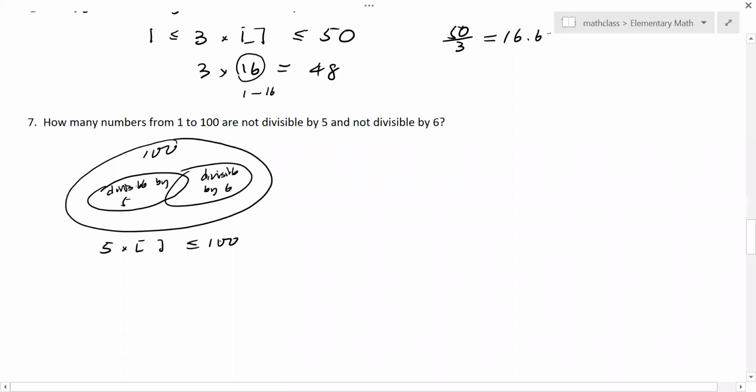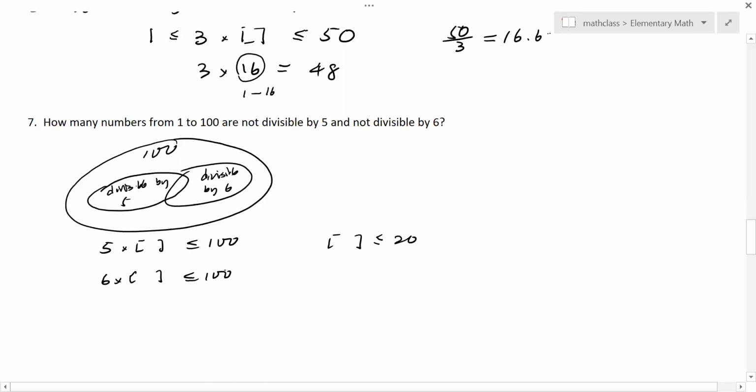Let's get the largest number here. This is going to be 100 divided by 5, which is 20. So you have 20 integers divisible by 5. But how many integers are multiples of 6?